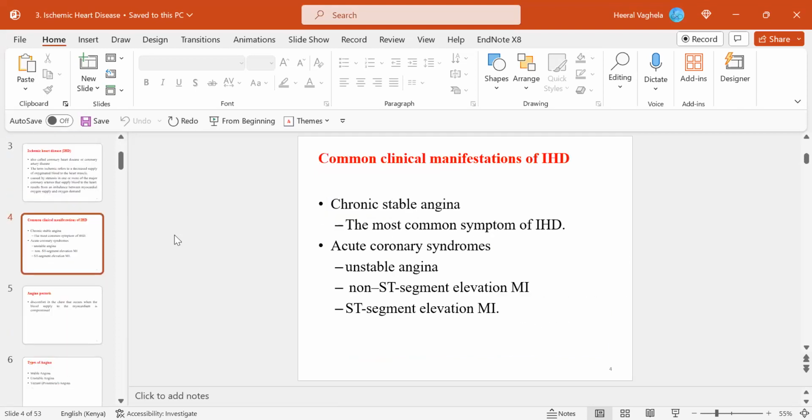It can be divided into chronic stable angina or unstable angina, and then when we talk about NSTEMI and STEMI, that's when we're looking at myocardial infarction. So in this one, we'll look at angina pectoris.